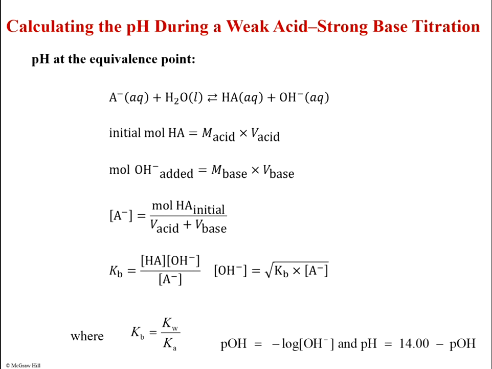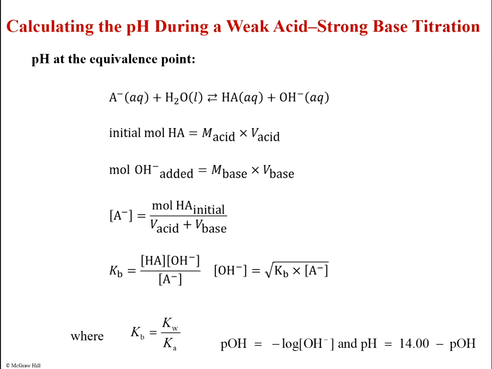Once we reach the equivalence point, now we will have added as much strong base as we had weak acid initially. Therefore, all of the strong base has converted the amount of weak acid we had over into weak base. So we use our weak base equation.